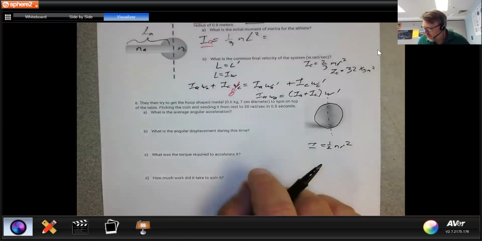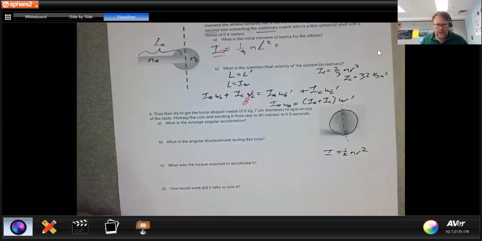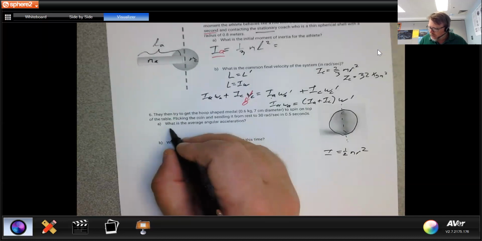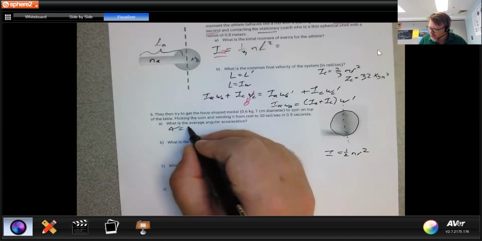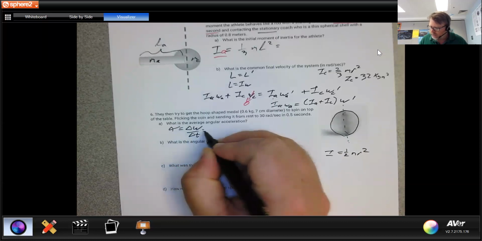But first we want our angular acceleration. So in a previous question, we had centripetal acceleration, angular acceleration. We're now going to do our change in angular velocity over change in time.